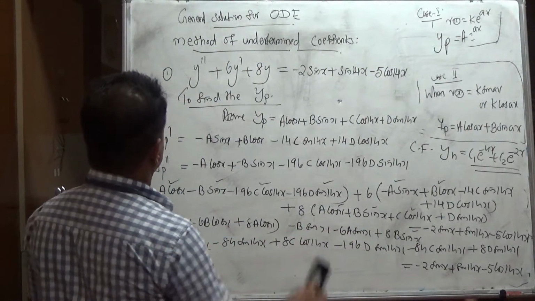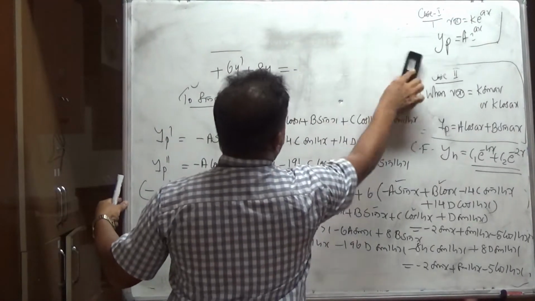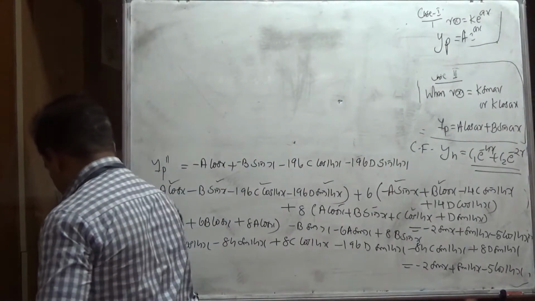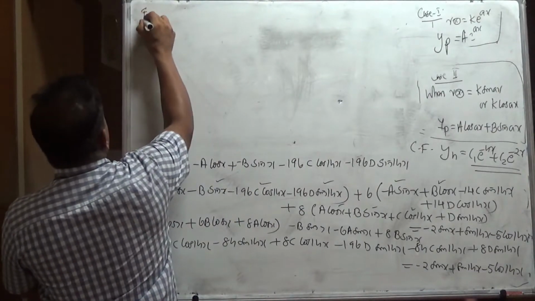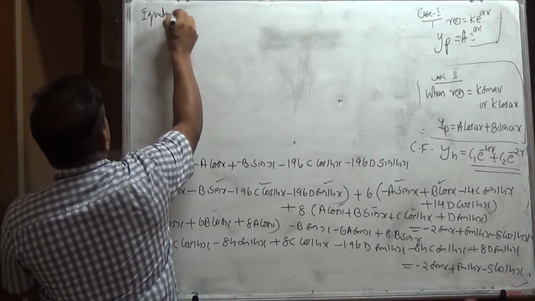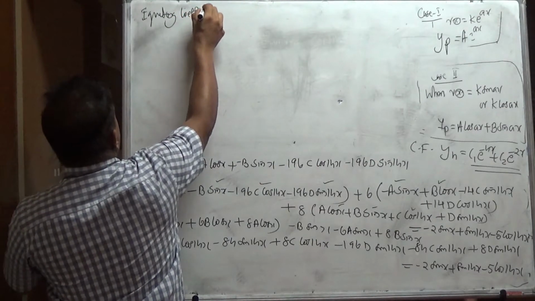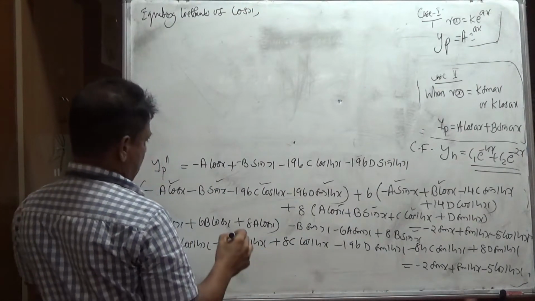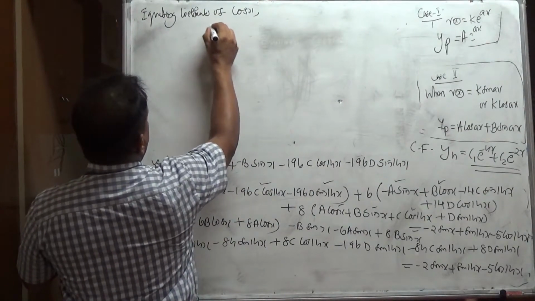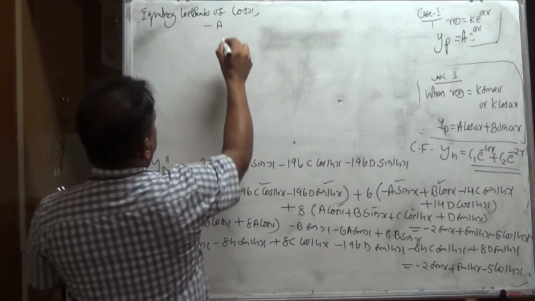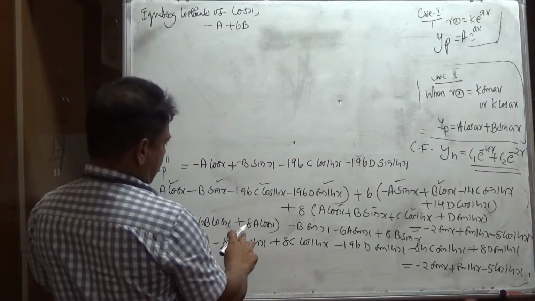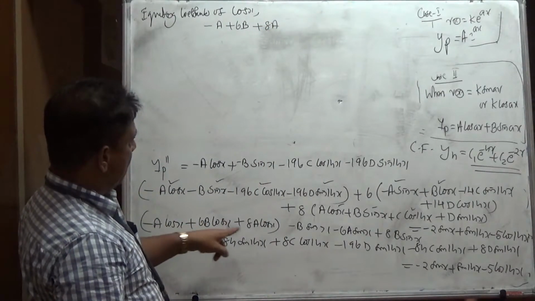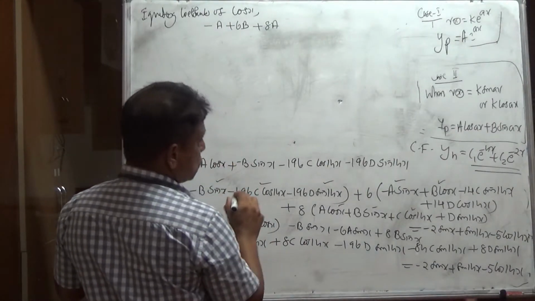we equate coefficients of cos x. Getting the coefficients of cos x: minus a plus 6b, then 8a minus a plus 6b plus 8a is equal to 0.